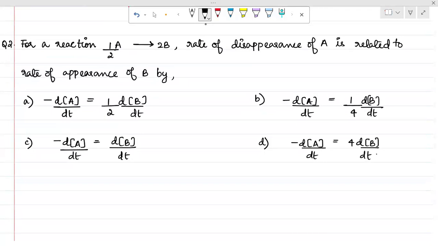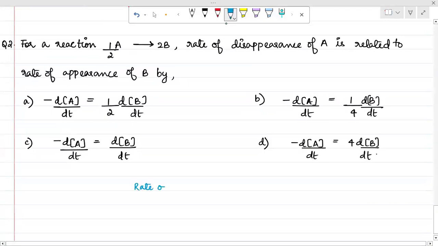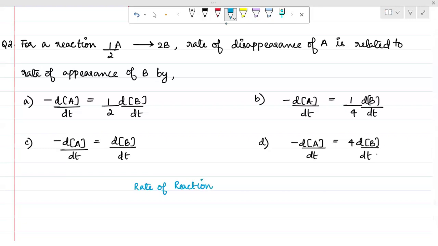So how to do this problem? Whenever they ask the relations between the disappearance and appearance, first of all, you write what we can express from the rate of the reaction. So what is the rate of the reaction? The rate of the reaction where stoichiometric coefficients are considered. Here the stoichiometric coefficient is 1 by 2.